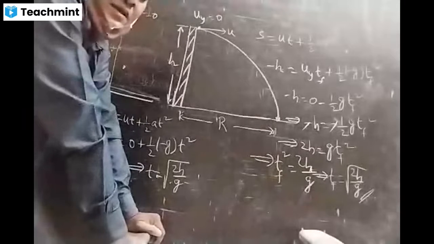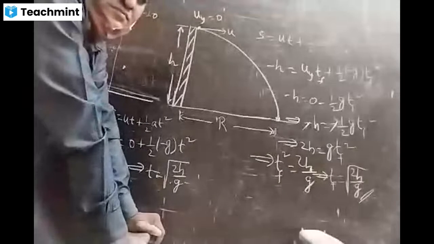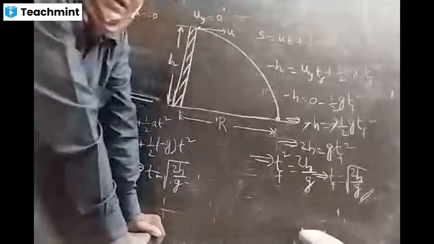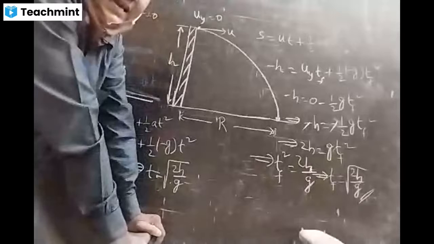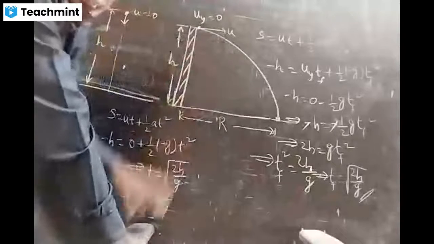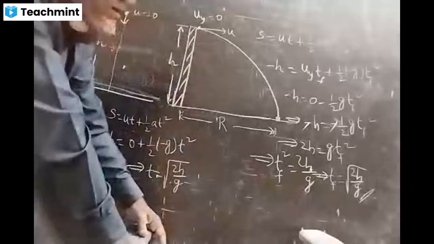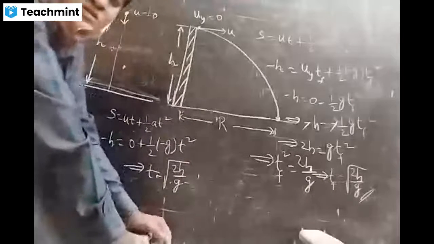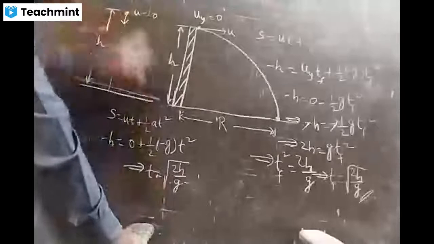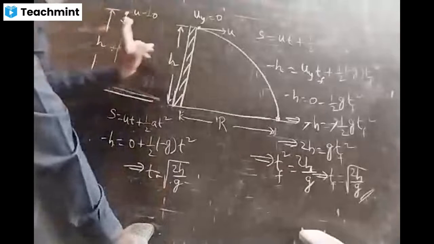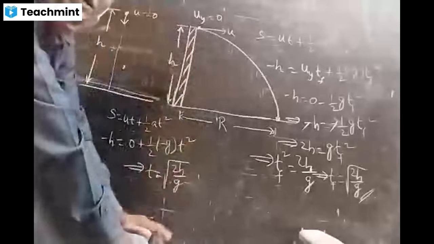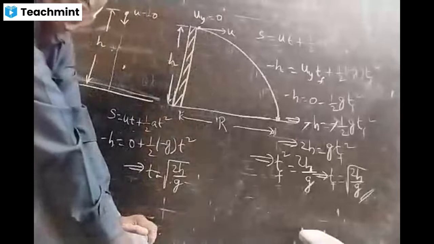It means opposing force, the one which opposes. If I neglect air resistance, one is falling freely and the other is thrown horizontally with a velocity u. So what do you get in both cases?